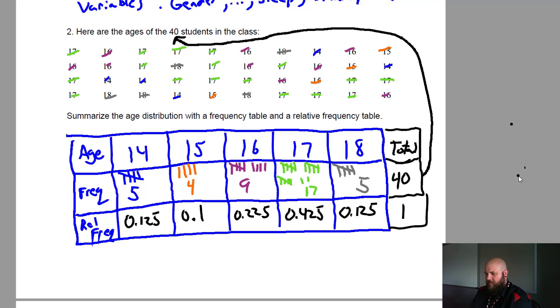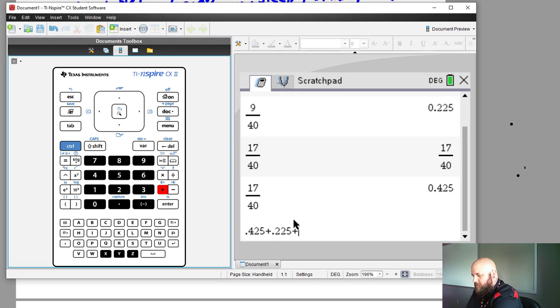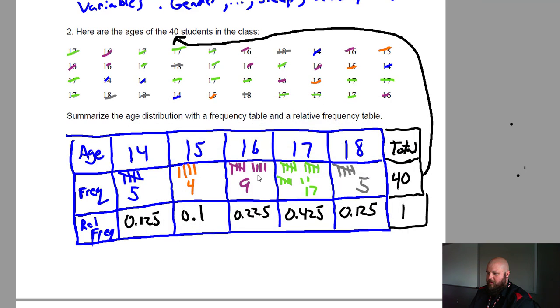And we can definitely verify that in our calculator. We can simply take 0.425 plus 0.225 plus 0.1 plus 0.125 plus 0.125. And that should give us 1. Because those values are everything that we just received from our table there.